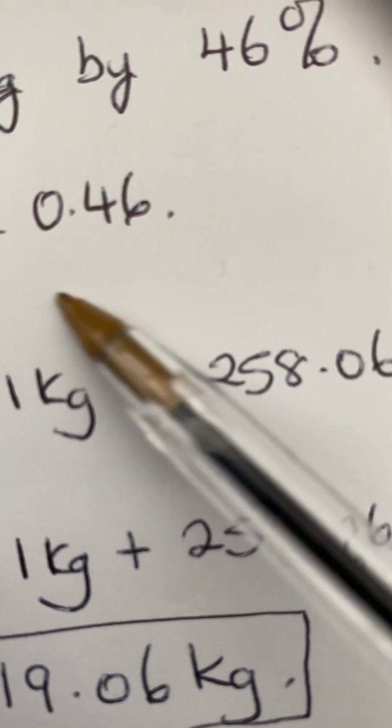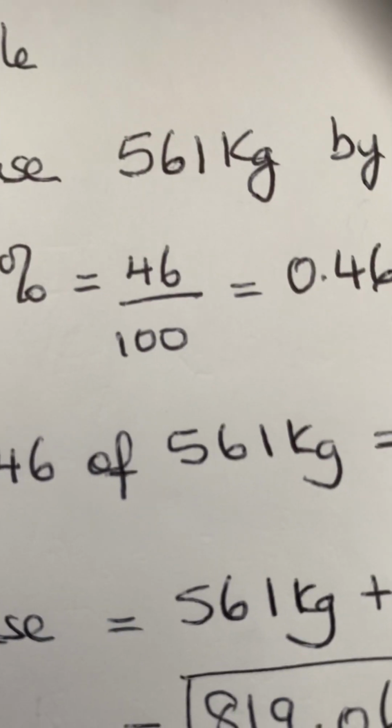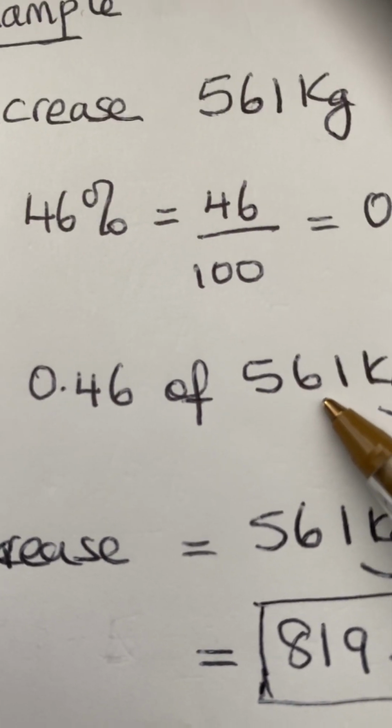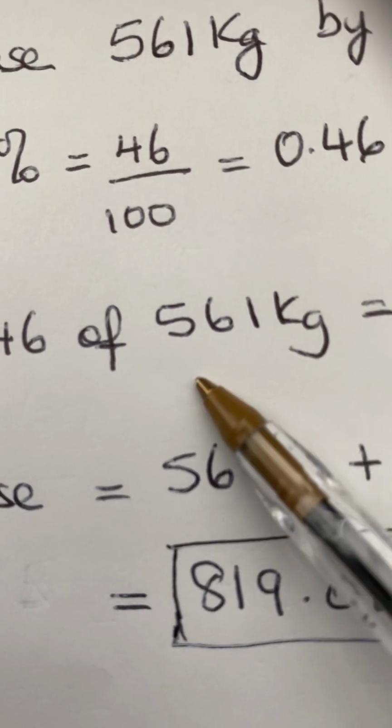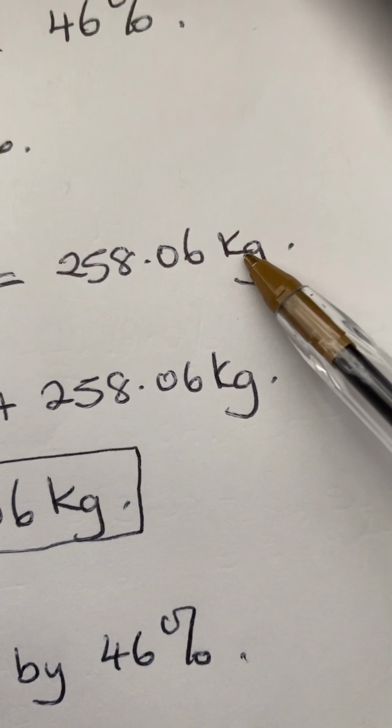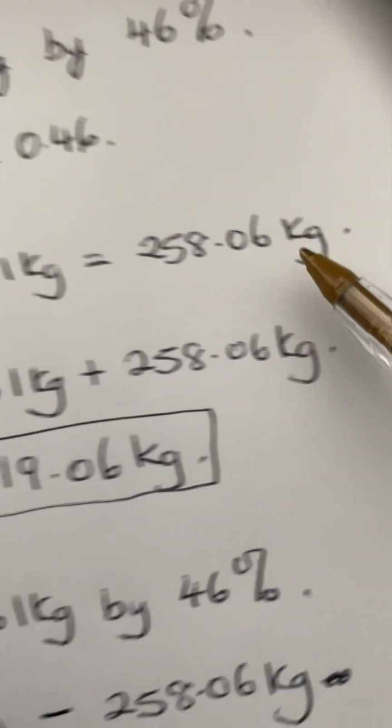You can change it into a decimal. So 0.46 of 561 on the calculator will give you 258.06 kilograms.